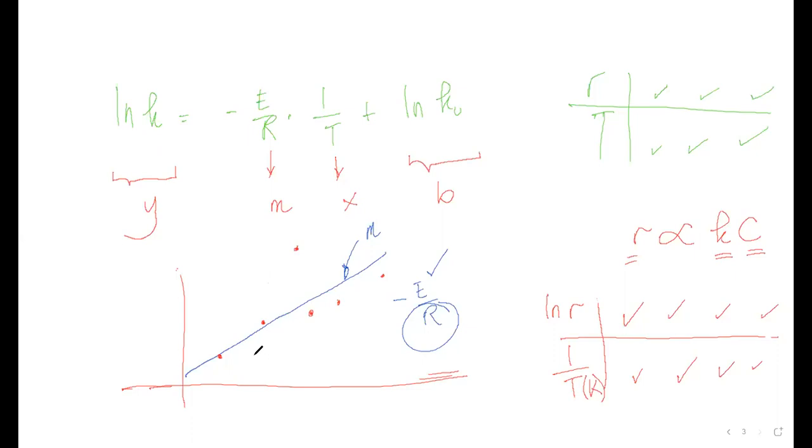But the nearer to 1.0 is the R, then most of your points are right on the line or very near the line that you have drawn.